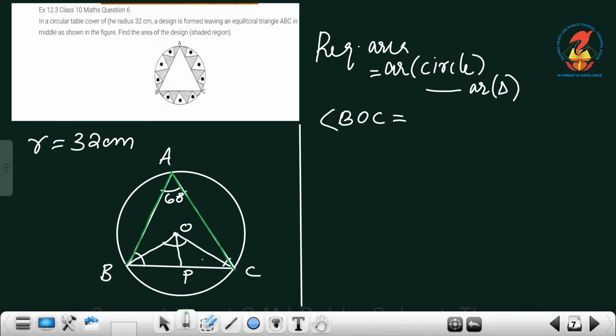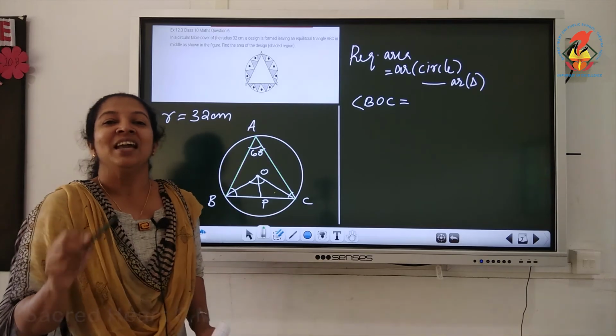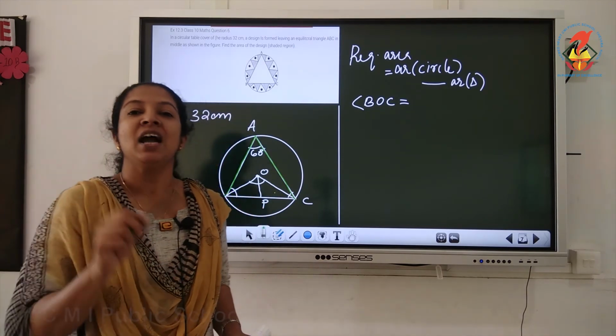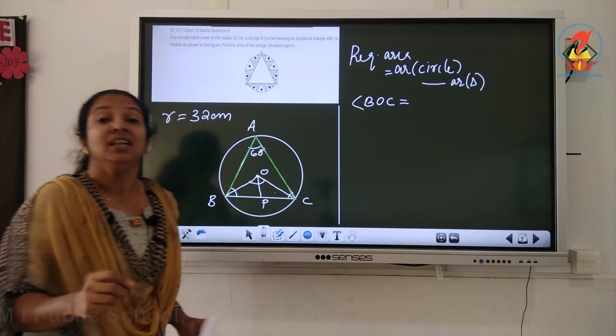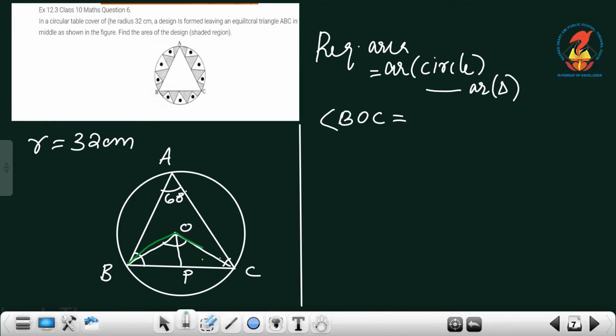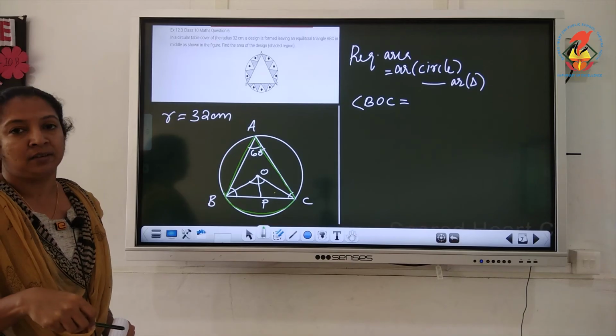You have already learned the relation. Angle made by an arc at the center is double the angle made by it at any other point on the remaining part of the circle. So, this is the angle made by the arc BC at the center, and this angle is the angle made by the same arc at any point other than the center on the circle.